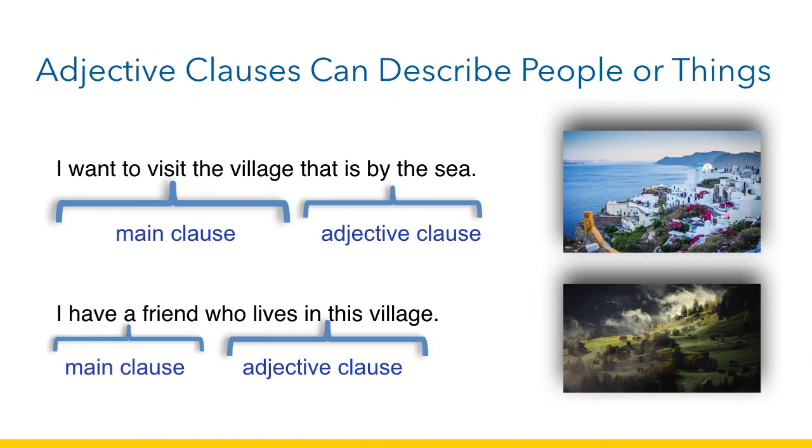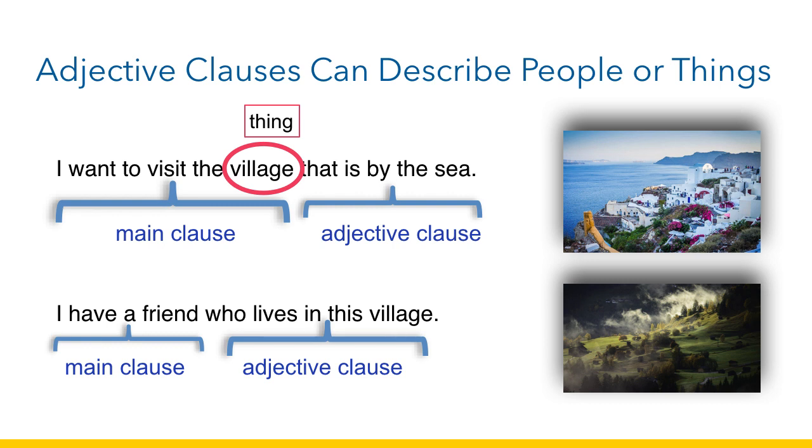Just like with other adjectives, adjective clauses can describe both people and things. So in this sentence, I want to visit the village that is by the sea. Village is a thing, and the adjective clause is giving us more information about it.